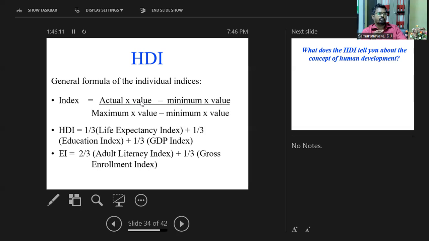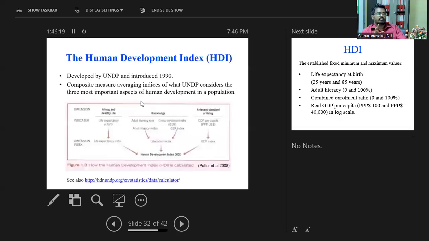And then here below, EI means the education index, because for the education index we use 2 dimensions. In the middle you can see we use the adult literacy index and the GER index both together to finally calculate the education index.